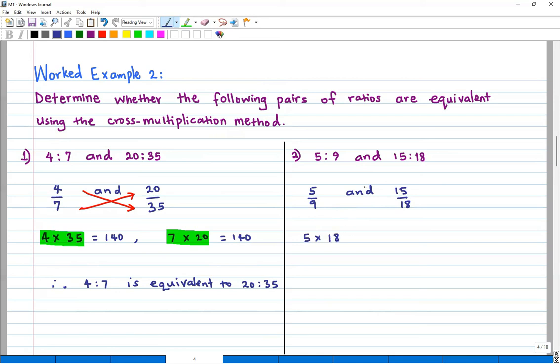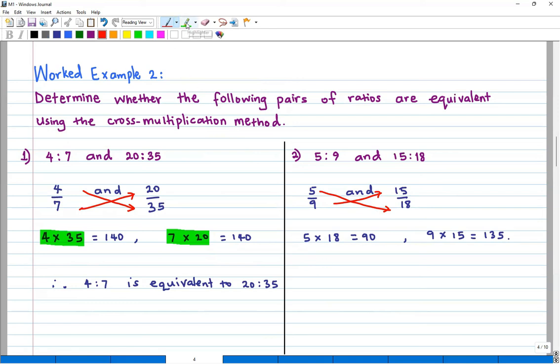That will give us 90. And now we get 9 times 15. That will give us 135. You see, what we are doing, we are doing something like this. And this is what we call the cross multiplication.